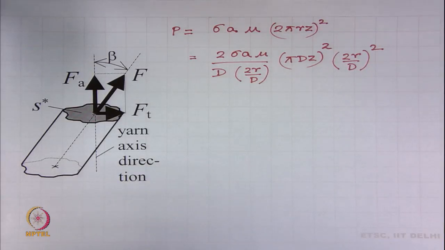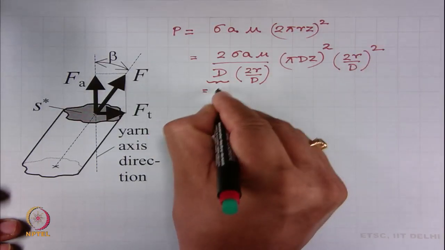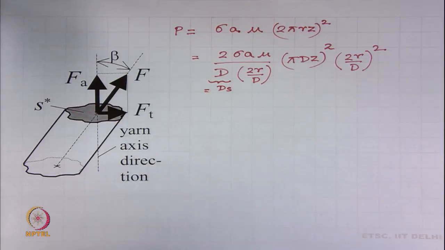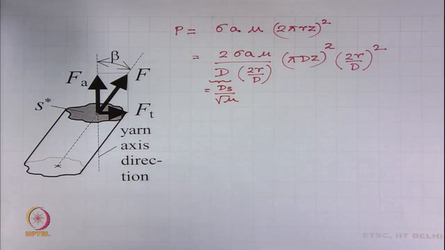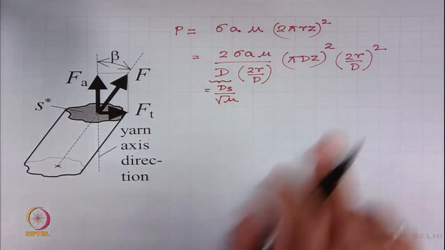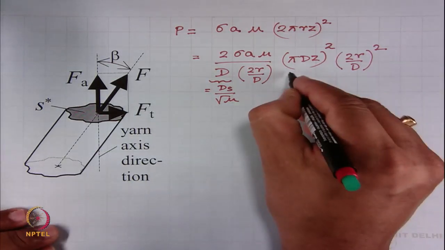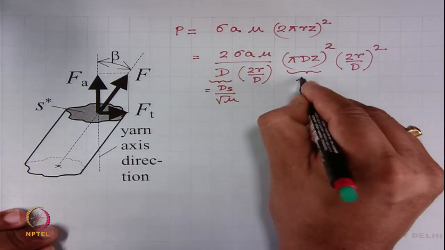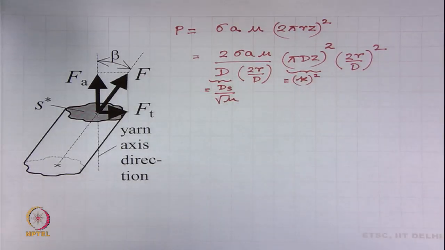This is the expression for P. Now, what we see, this d is equal to d s by square root of mu. 2 r by d, let us rename this, is equal to kappa. Okay.